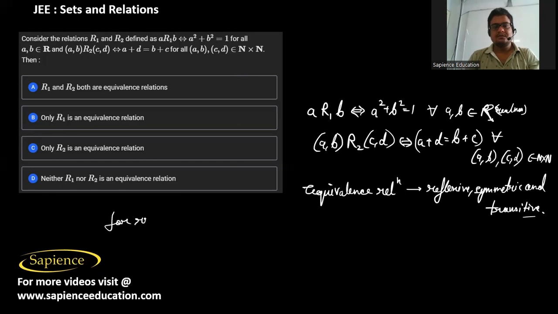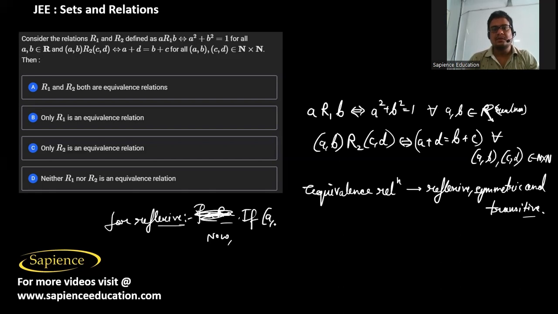So for reflexive, as you know, a should be related to a under the relation R, then only R is called reflexive. So I can say that if (a, a) belongs to the relation R1 for all a belongs to R, then only I will say that R1 is reflexive.